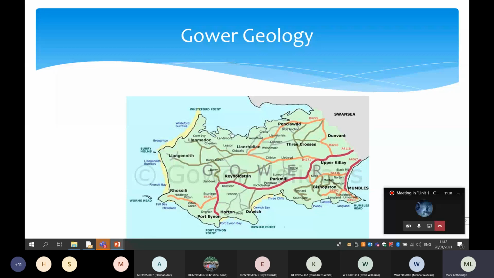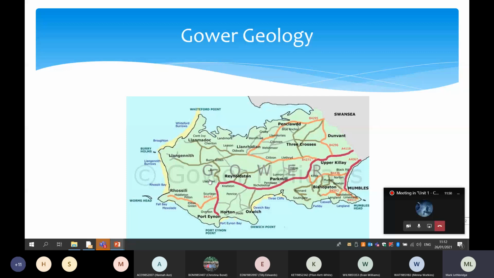And we have the same, if you think about it, with Rhossili and Worm's Head, and then Burry Holms up at the top as two headlands with a big sweeping bay that is Rhossili Bay in between. Now that would suggest that these areas are discordant coastlines.